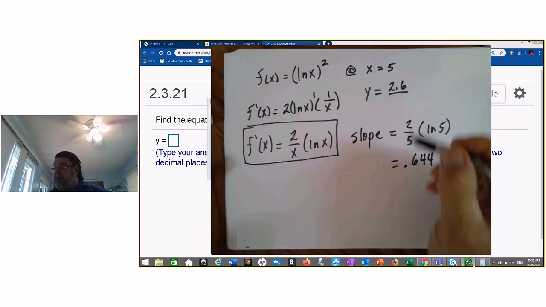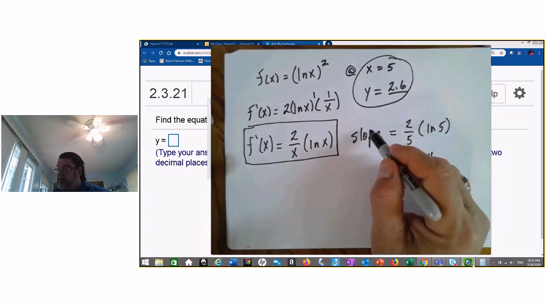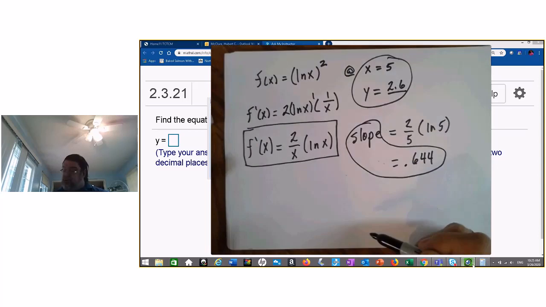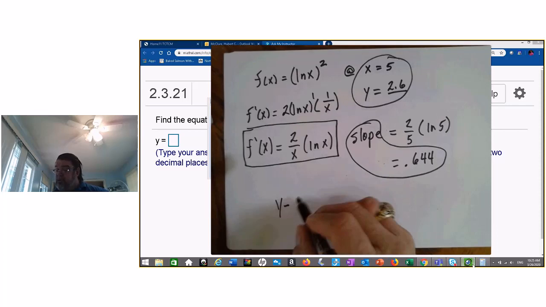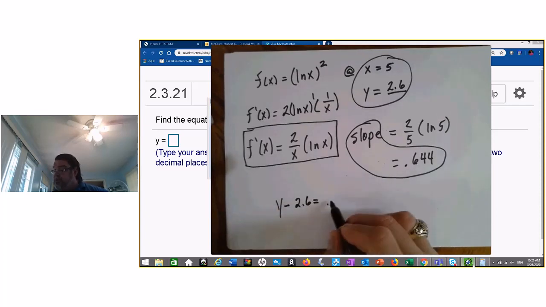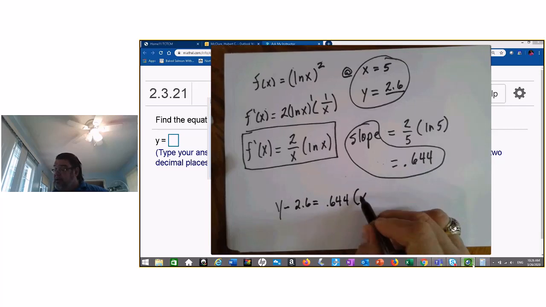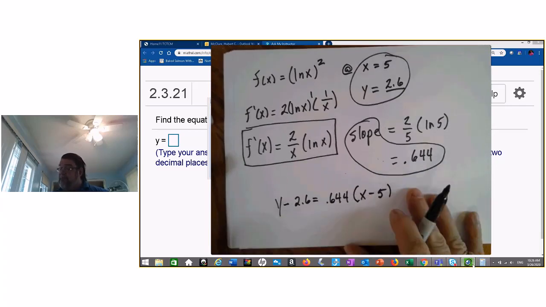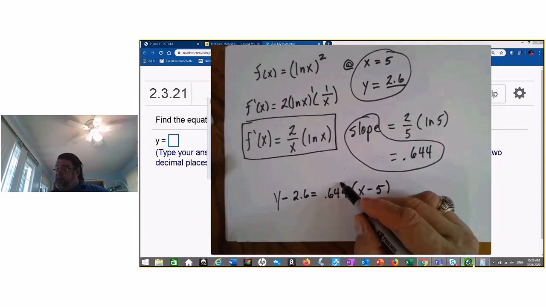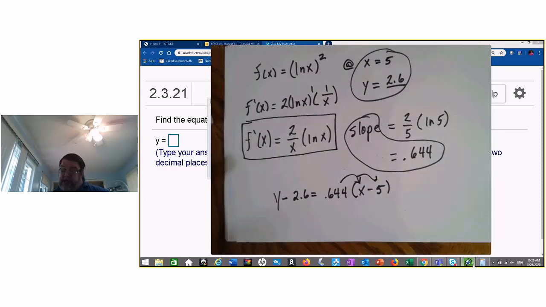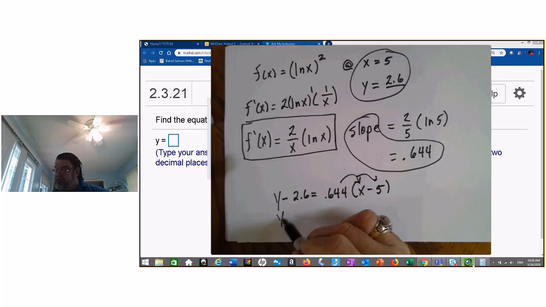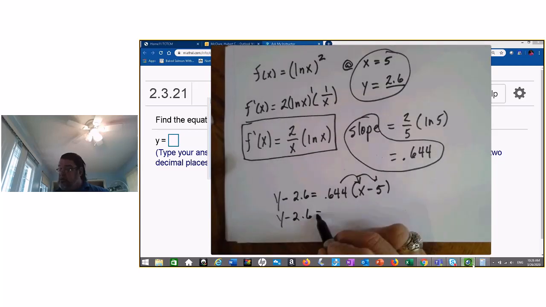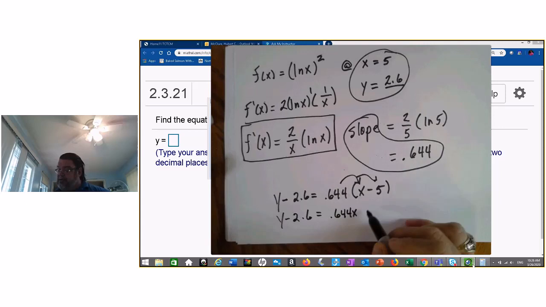Now I've got a slope and I've got a point. So I'm going to use the point-slope equation. Y minus 2.6 is equal to 0.644 times x minus 5. Distribute, multiply it, times 5. So that's going to be y minus 2.6 is equal to 0.644x minus, I got 3.22.